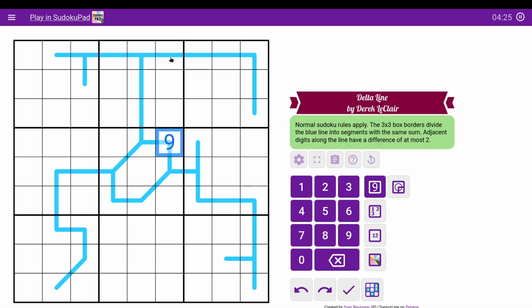Then next to the maximum there must be the next 2 digits down. Now you can't go up from here, so you can only continue to go down. And so then 8 has to be next to 6, and then 7 must be next to 5, and then 4.